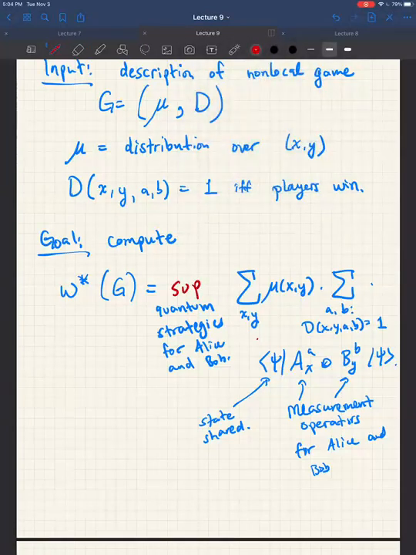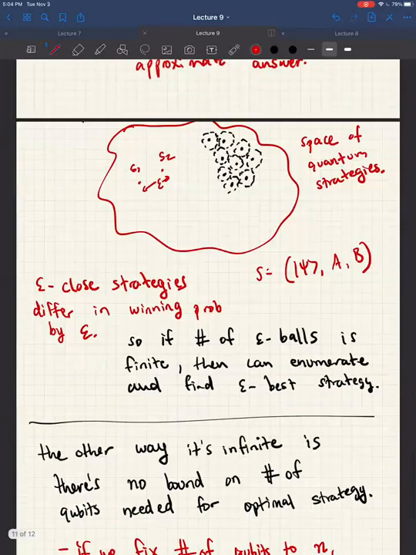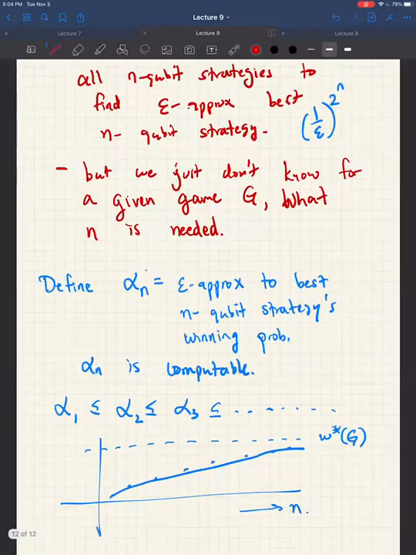It's not always achieved, which is actually very interesting. But for now, we can just think of it as a max. But sometimes you can actually never achieve the omega star. Right. Okay, so where were we?